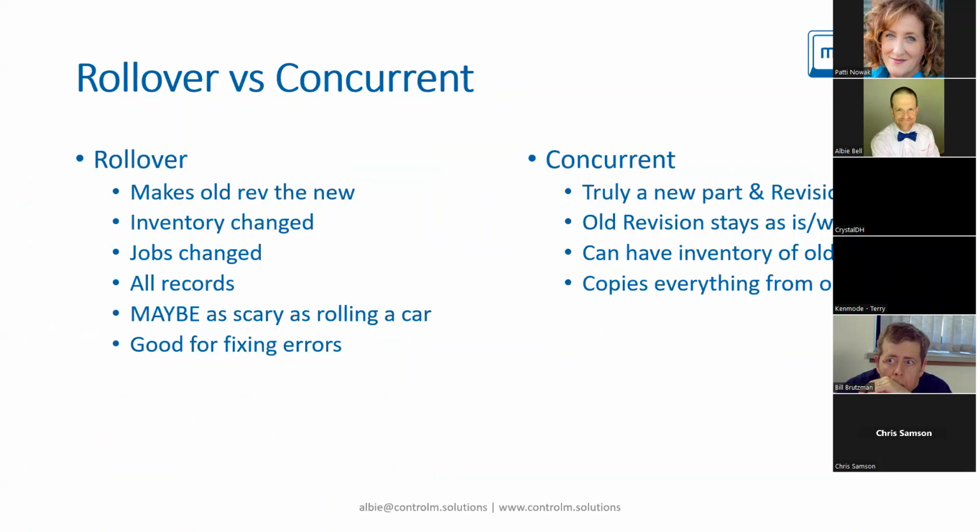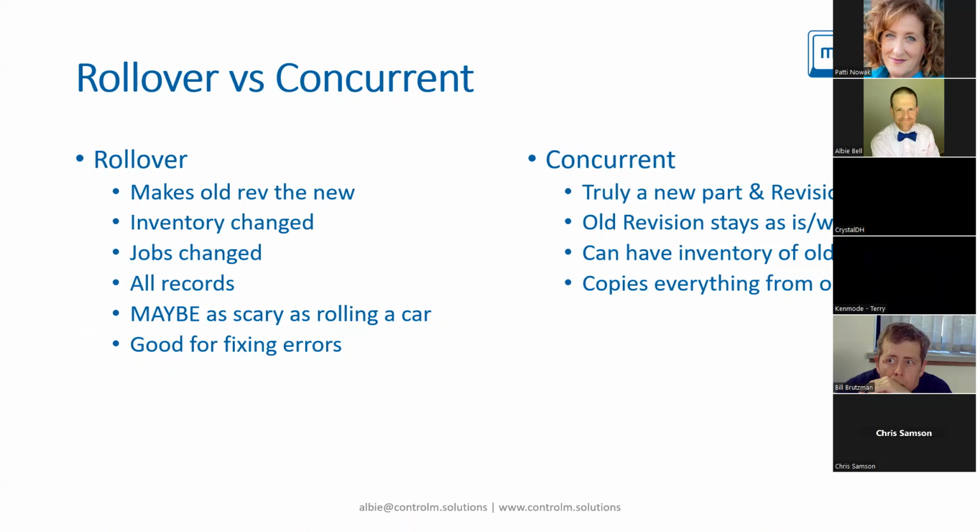All right, types of changes. So in Plex, you can have 2 main changes for changing a revision. You can have a rollover and you can have a concurrent. So rollover can be as scary as rolling your car over. So I want that to plant firmly in your mind, because Plex will take, let's say you're at revision A and you're rolling over to revision B. Everything about revision A becomes revision B when you generate the changes.